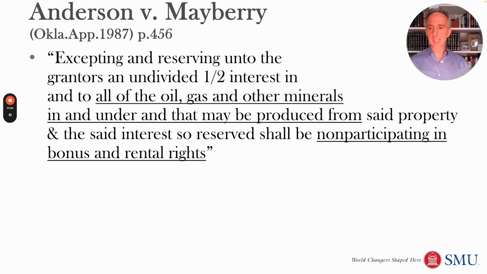In this case, the terms of the writing are: excepting and reserving unto the grantors an undivided 1/2 interest in and to all of the oil, gas, and other minerals in, under, and that may be produced from said property, and the said interest so reserved shall be non-participating in bonus and rental rights.